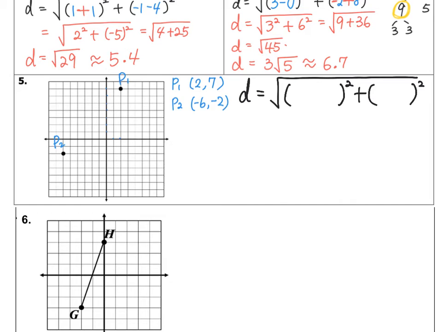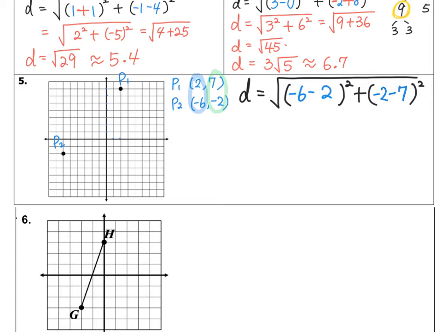d equals the big square root of the first, the subtraction of x squared, plus the second, the subtraction of y squared. So the first number, that's right, -6 minus 2. So I use the x's for the first subtraction, and then next I'm going to use the y's for subtraction, which will be -2 minus 7.